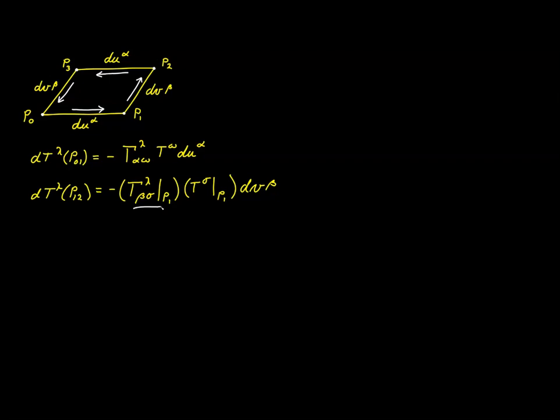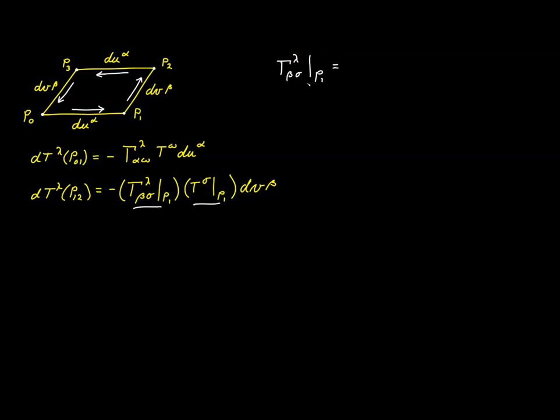Okay, well, what about these two guys? How do we figure out what those look like? Well, we'll start with gamma lambda beta sigma evaluated at P1. Here we're just going to expand this out using the Taylor series.